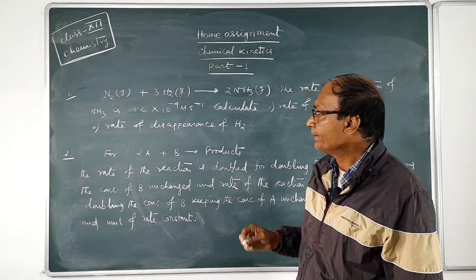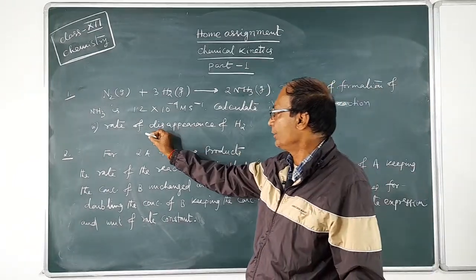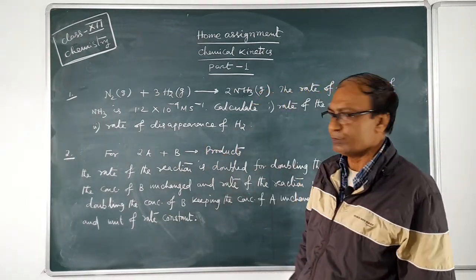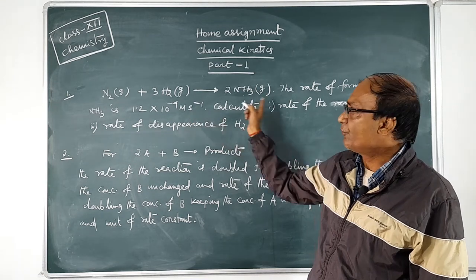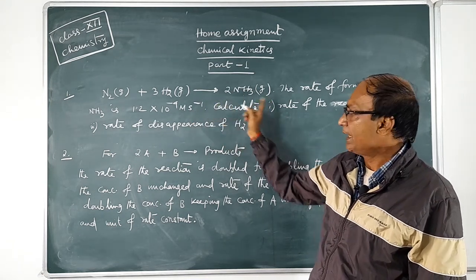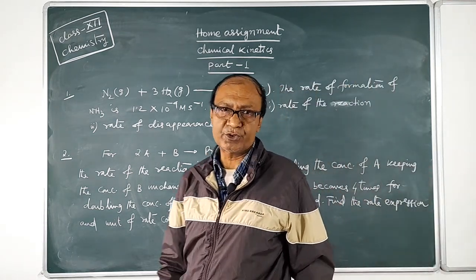So listen to me: you have to calculate, number 1, the rate of the reaction, and number 2, the rate of disappearance of hydrogen, given the rate of formation of ammonia. This is question number 1.